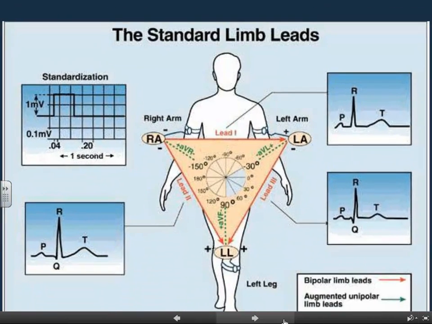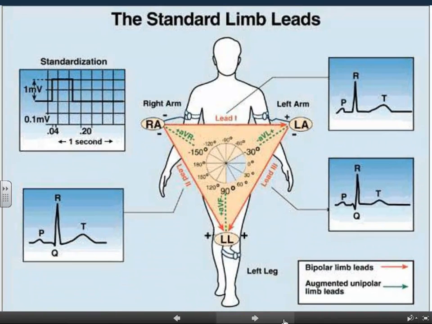So, looking at your electrocardiogram, remember your standard limb leads. Your standard limb leads are going to be what? Leads 1, 2, and 3, and leads aVR, aVL, and aVF.